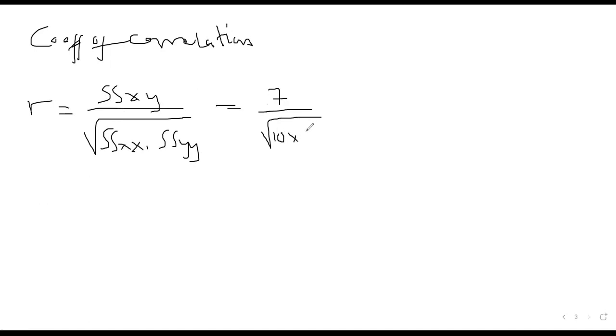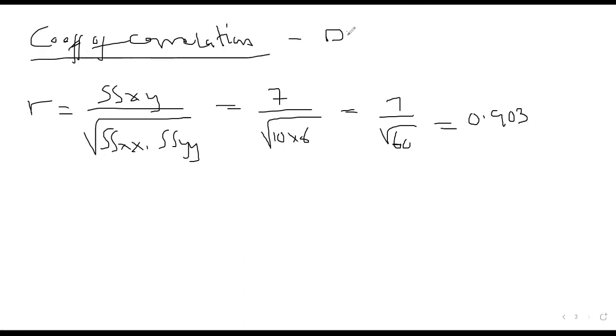Our SYY was 6. So this is 7 over the square root of 60, to give you 0.903. So for the coefficient of correlation, you get the direction. If you get a positive, it's positively related. If you get a negative, it is negatively related. So R is called the coefficient of correlation. It tells you the relationship that you have between X and Y.